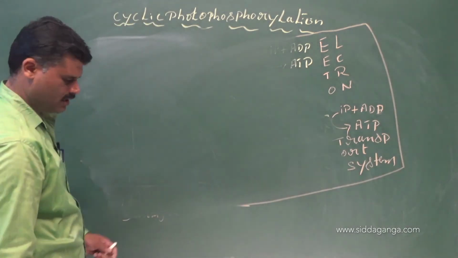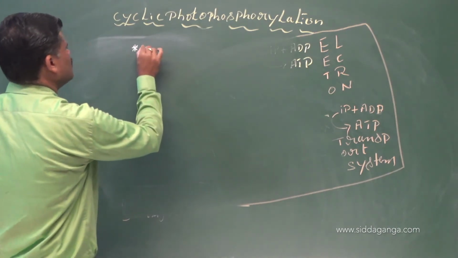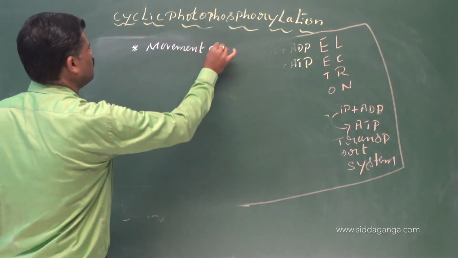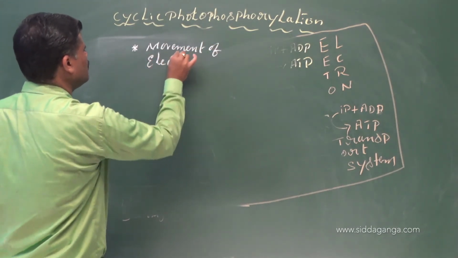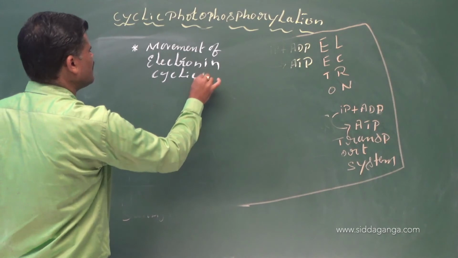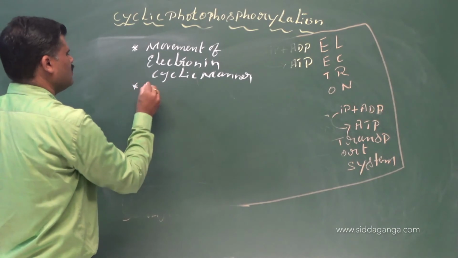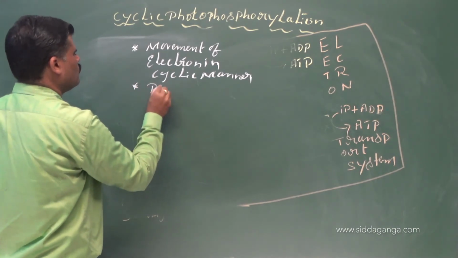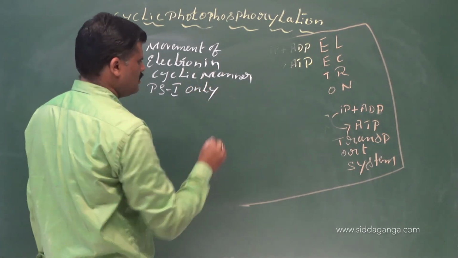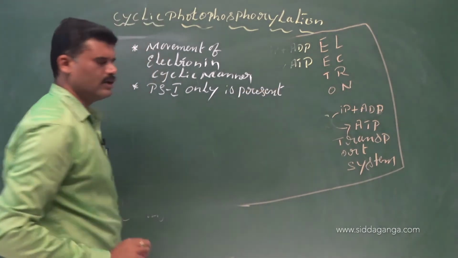So here, important note: the movement of electron in cyclic manner, and here photosystem first only is present or involved.